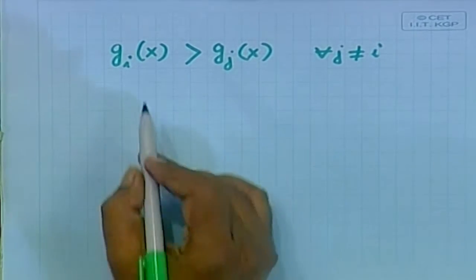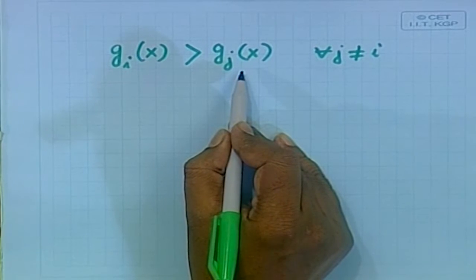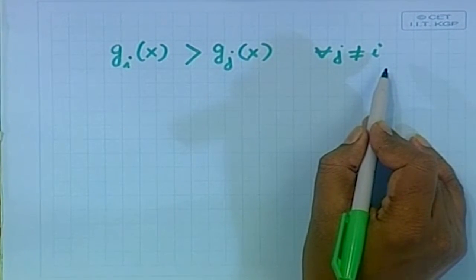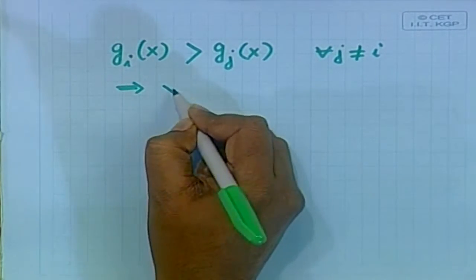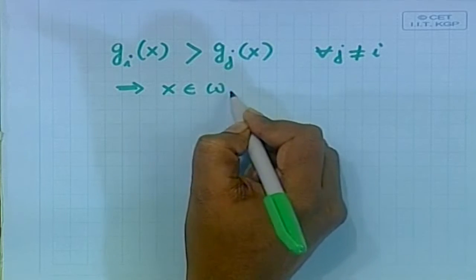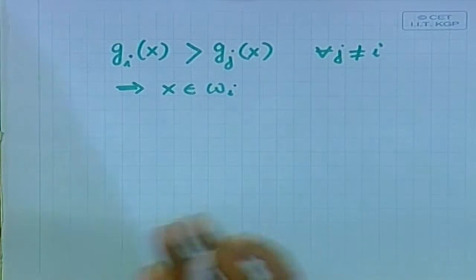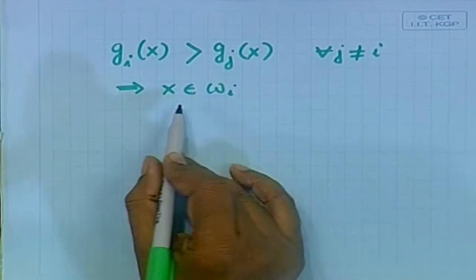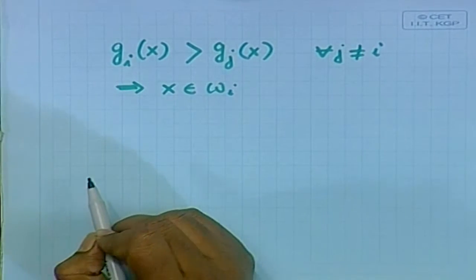Okay. So if g_i(x) is greater than g_j(x) for all j not equal to i, this indicates that x belongs to class omega_i, because g_i(x) is maximum among all the discriminant functions. So this indicates that the sample x belongs to class omega_i, right?